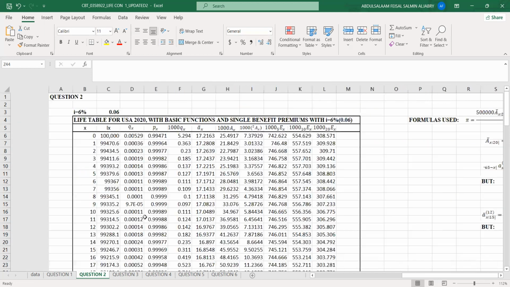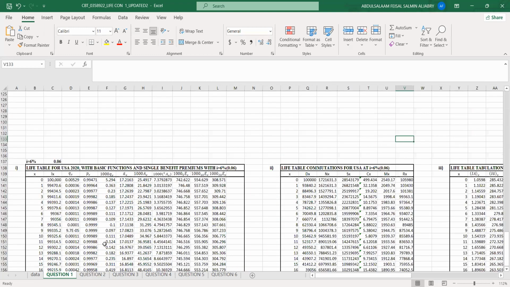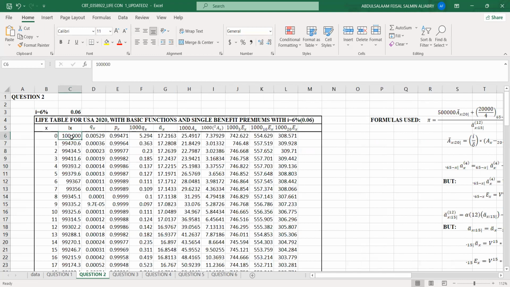So jumping straight to the question. This is the life table for i equals 6%, which is basically just copy and pasted, all the components and all the data from question number 1. I used this function, Question 1, exclamation mark, and the column and row number.